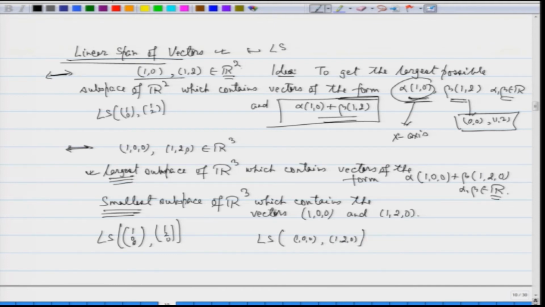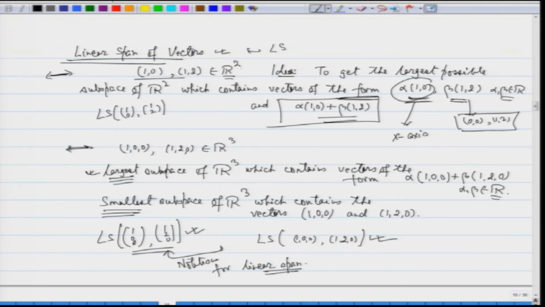But as I said, we want to look at vectors as column vectors, so that is the right form, but in a hurry I will sometimes write this to save space. So these are the notations for linear span. Is that okay?